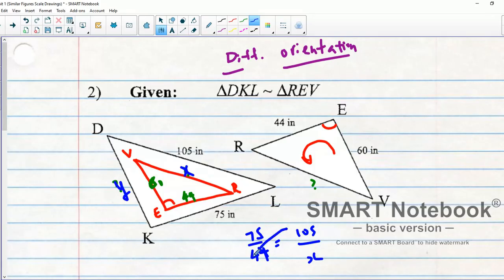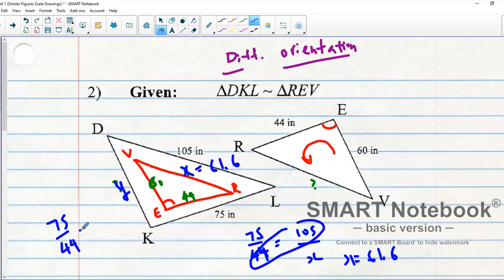So everyone, if you haven't done it, go ahead, take a calculator and follow me. 44 times 105 is 4620, divided by 75, 61.6. So this is 61.6. And then down here, I'm gonna do the same thing. I'm gonna do 75 to 44.